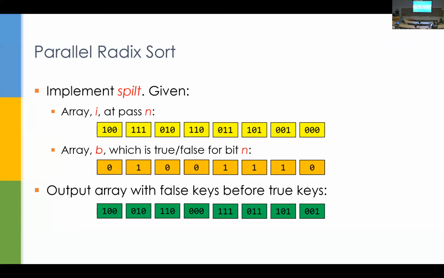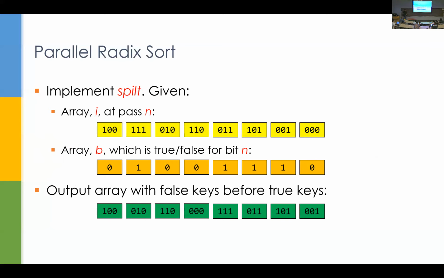So we're going to call this kernel a split. Okay. So follow me here. So for array i at pass n. Okay. So let's say 0. You compute b, which is a true or false of bit n.